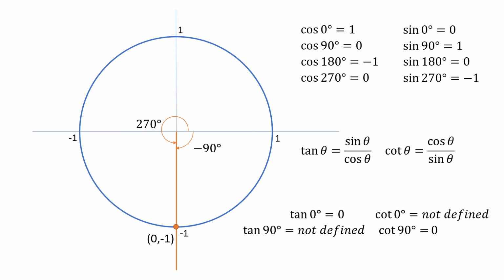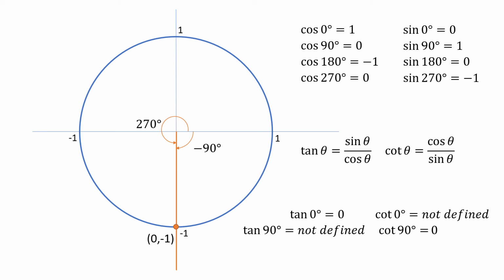Originally, when we talked about triangles and defined tangent and cotangent through the sides of the triangles, I also mentioned that cotangent was 1 over tangent. Later, I changed the definition of cotangent to go through cosines and sines. And the reason for that is precisely this.